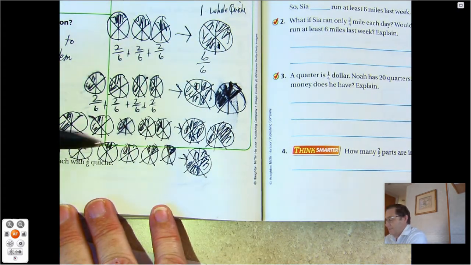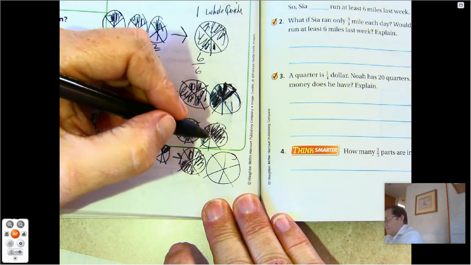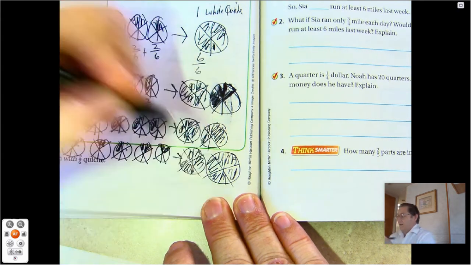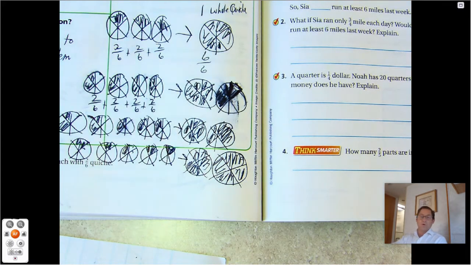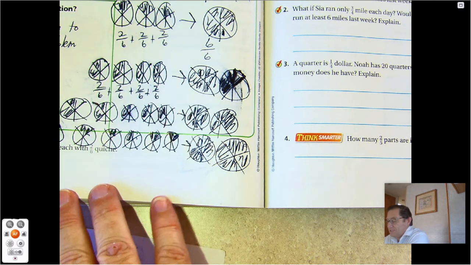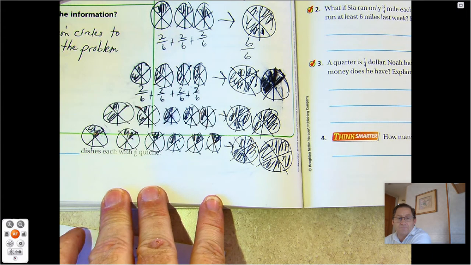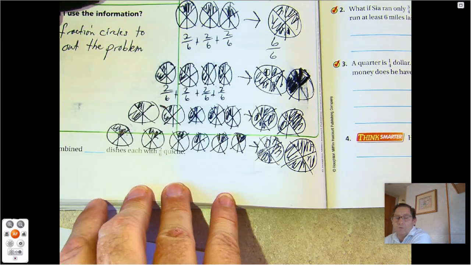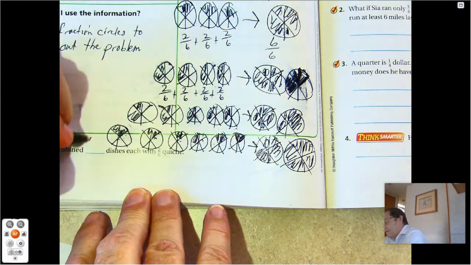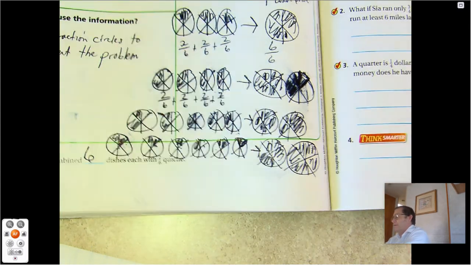So 2, 4, 6, 2, 4, 6. All right, so now we have 2 wholes. So how many dishes did the chef combine to get the 2 whole quiches? 1, 2, 3, 4, 5, 6. 6 dishes.